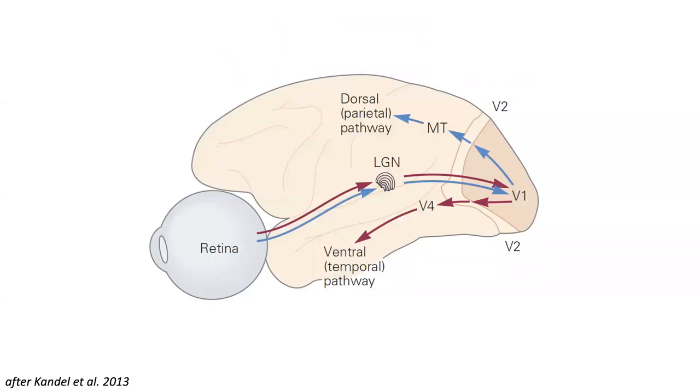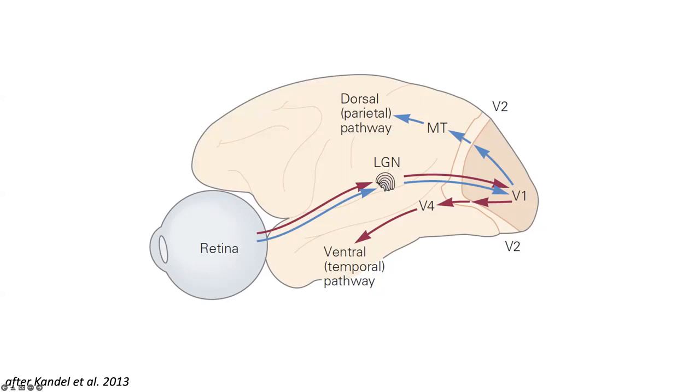This beautiful image shows you the eye and the brain together. It shows the cable-like group of nerve fibers that connect the retina and the lateral geniculate nucleus of the brain, or LGN for short.